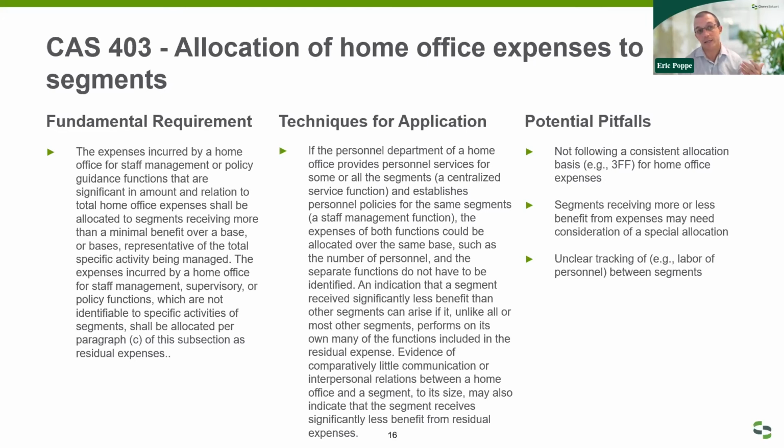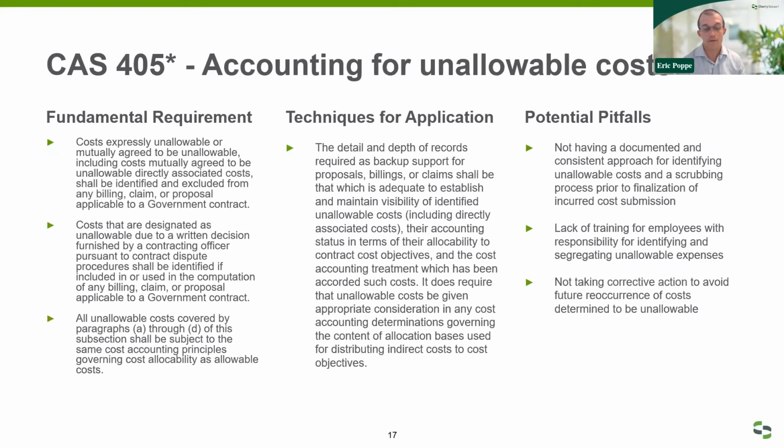So this is outlined in the disclosure statement in Part 8, and that's where you would document your home office allocation practices. So moving on to CAS 405, and 405 is part of the modified CAS coverage too. A lot of companies, if you've been working in the government contracting space and you have cost-plus contracts, or even if you don't have cost-plus contracts, you've heard of unallowable costs outlined in FAR Part 31.